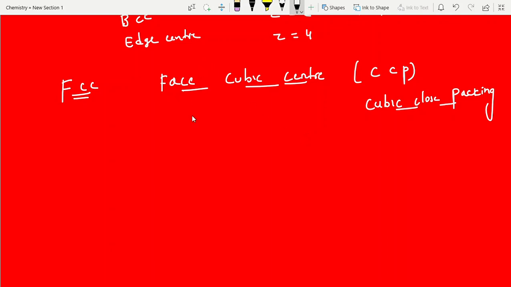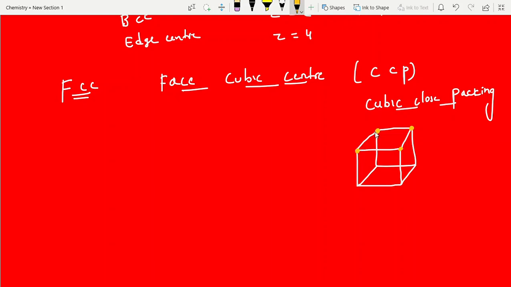Now FCC, just now we have taken the diagram, now students, once again you can draw this unit cell. Okay. Now this is another cube, right? Okay. Number of particles we can write here. Corners. First of all, it is satisfying the primitive unit cell. No, 1, 2, 3, 4, right?